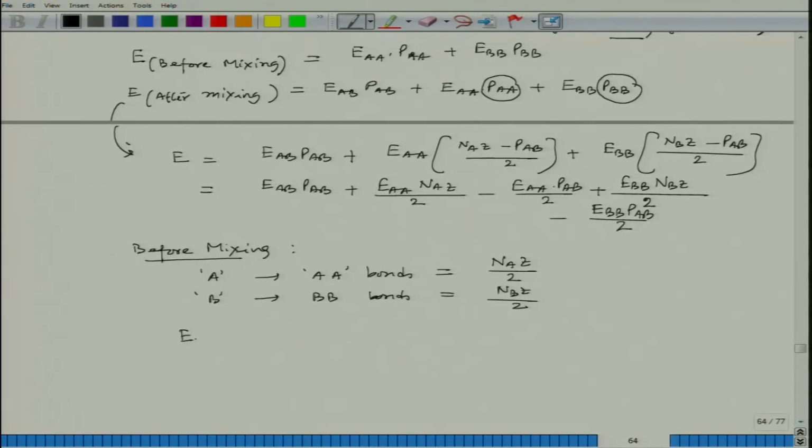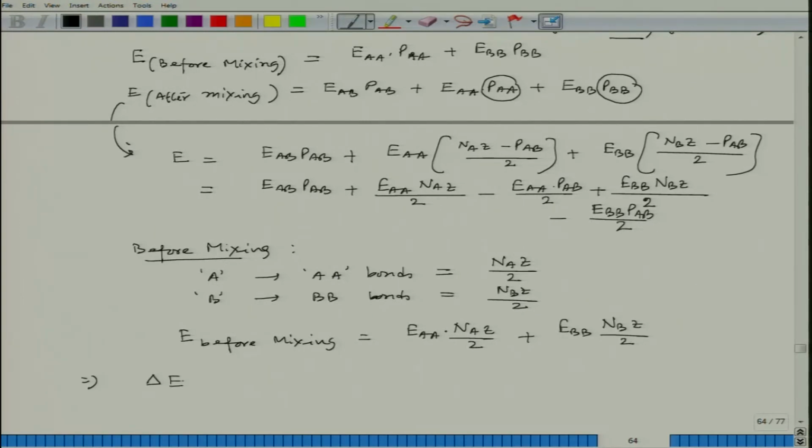So, E before mixing, which is nothing but the total bond energy of the system before mixing, is EAA NAZ by 2 plus EBB NBZ by 2.